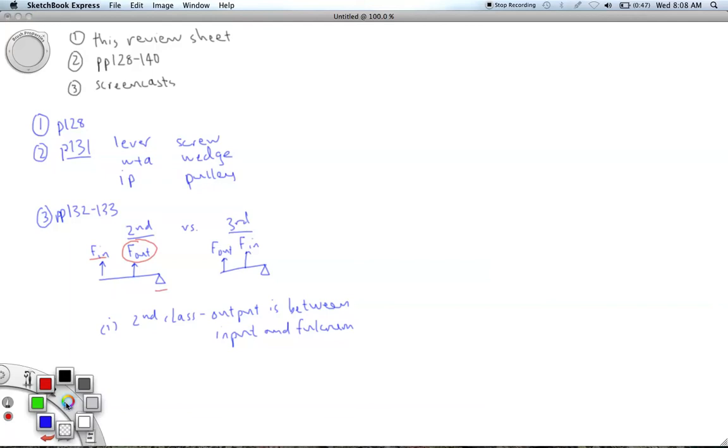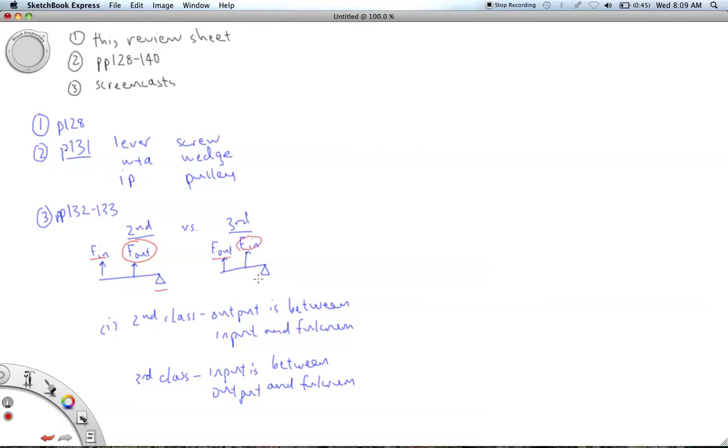All right, and just to explain with words, for a third class, the input is between the output and the fulcrum. And you can also see from this diagram, your input is in the middle, output and fulcrum on either end.